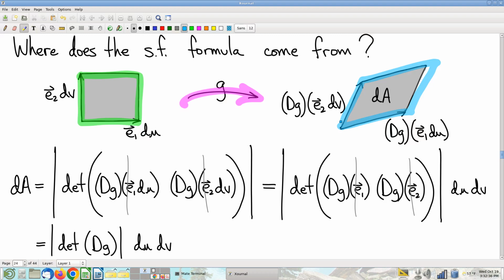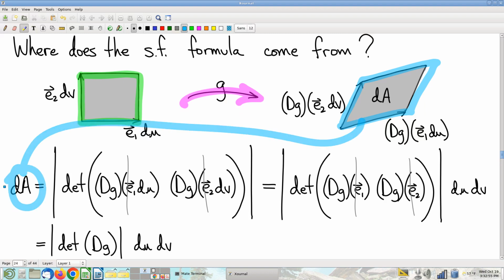These are not the same size. The image on the right is distorted, so its area is going to be some factor times the initial area, and we need to know what that factor is. So I'm going to start off by computing that area and see what we get.